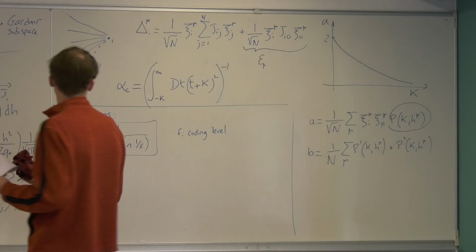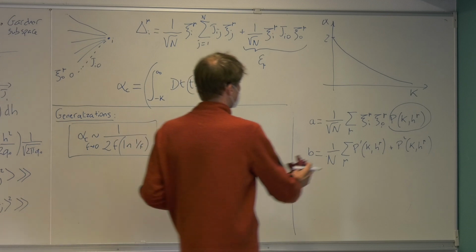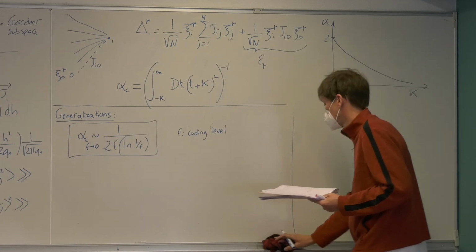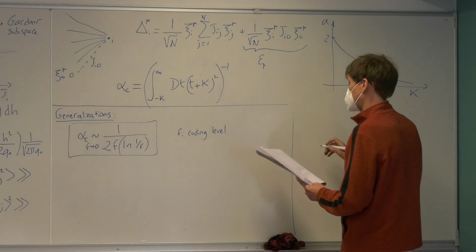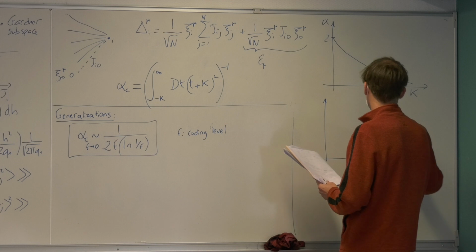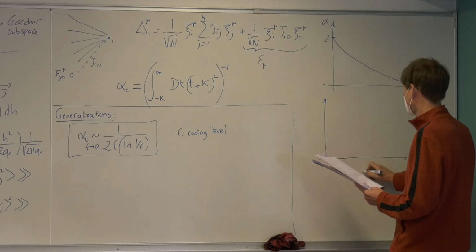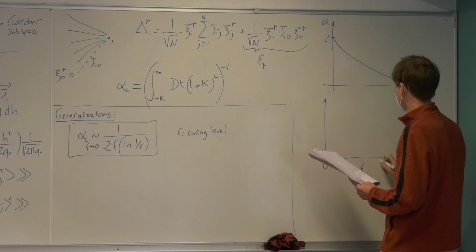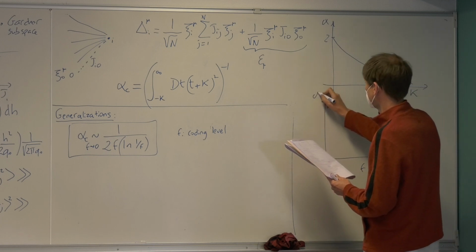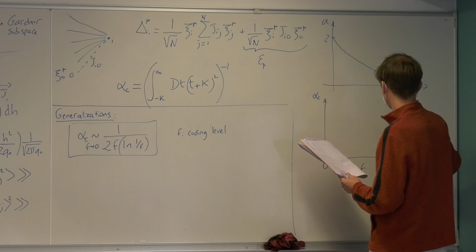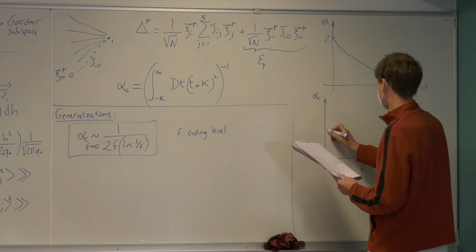Okay, so you can plot now the capacities as a function of f, the coding level, and we can do this from 0 to 0.5. This is alpha c, and this is the Gardner bound.